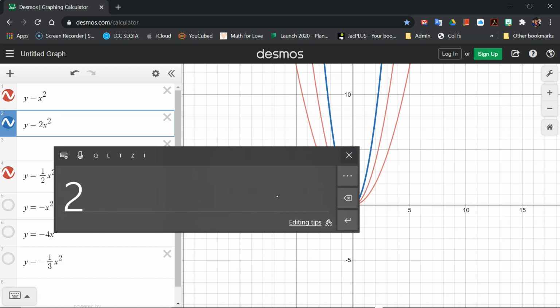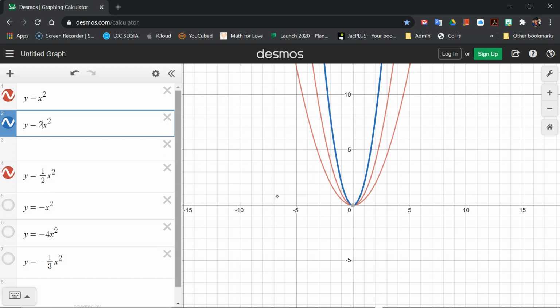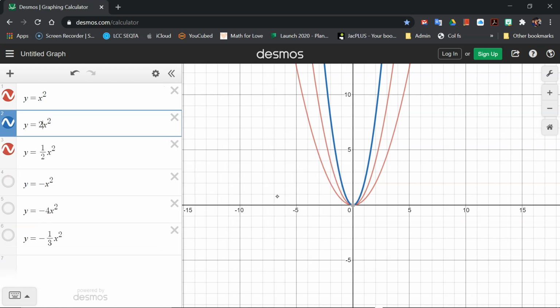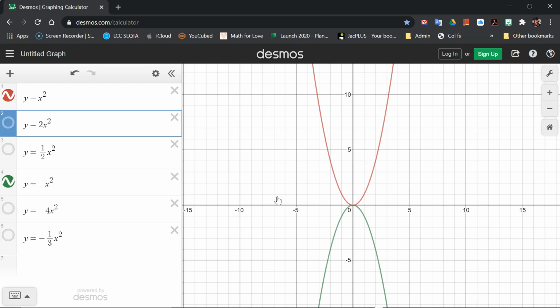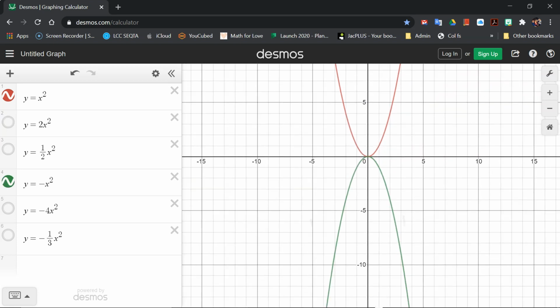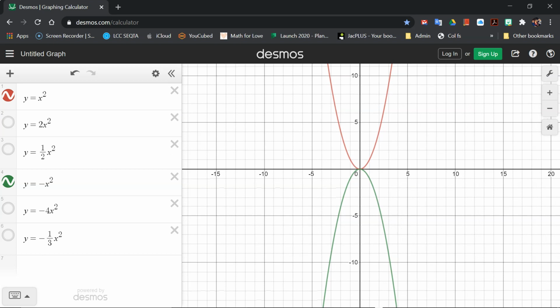Okay. Now let's move on to the negative. So what happens if we make the coefficient of x squared negative? Well, it flips it upside down. In previous videos, I talked about an upright parabola and an inverted parabola. And so the negative value makes it inverted.